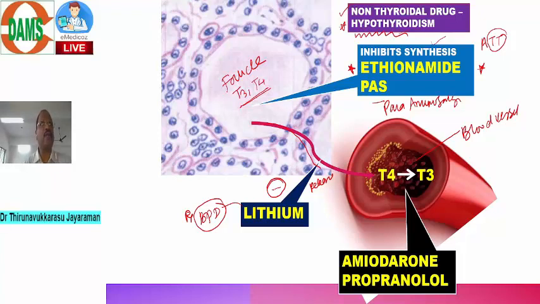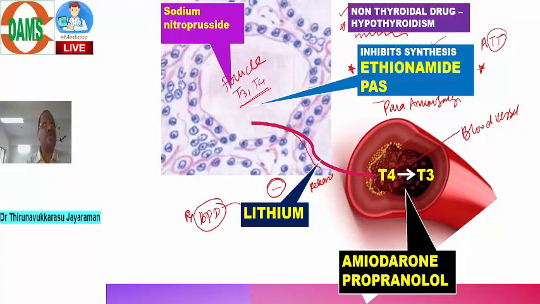And finally, one more question. We have one drug called sodium nitroprusside. This we know is useful for treatment of hypertensive emergency. Here, an interesting question. Sodium nitroprusside may cause the adverse effect of hypothyroidism. How? Look here. Sodium nitroprusside contains cyanide. It's a cyanide-containing antihypertensive drug.